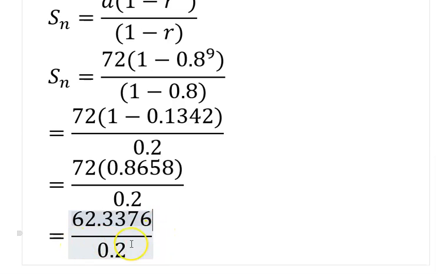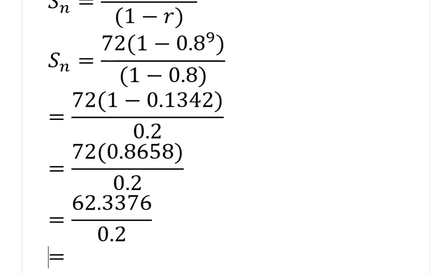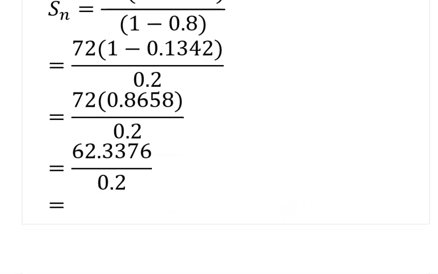Then if you divide this by 0.2, you have 311.7. Awesome. So that's the final answer. That's the sum of the first 9 terms of the series.